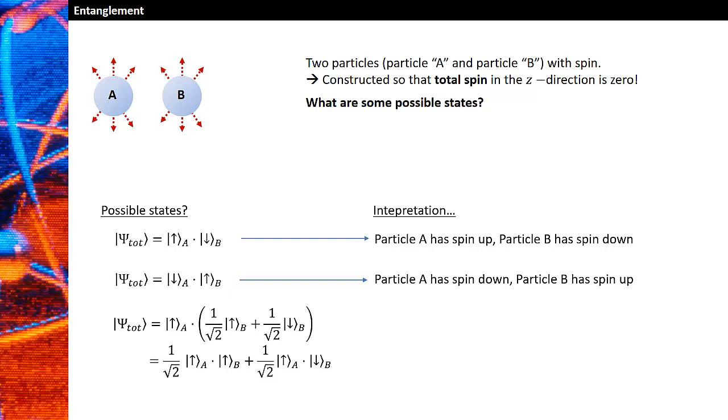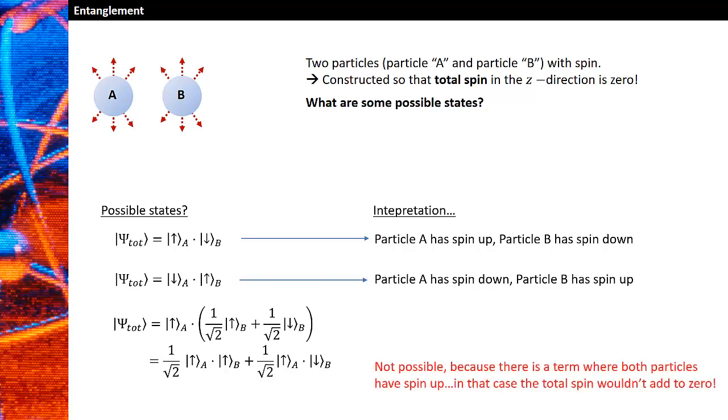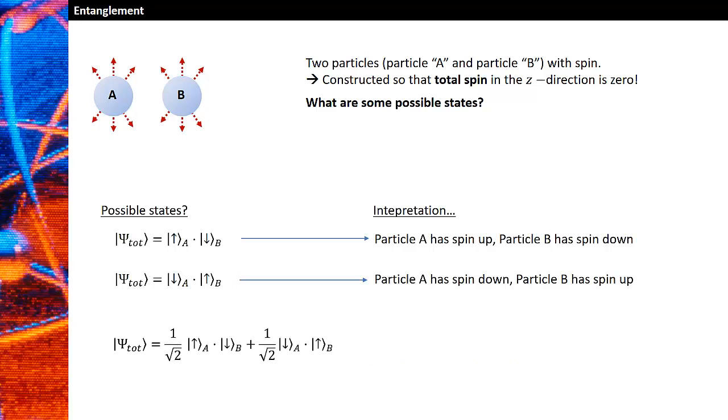So this can't be an allowed state for the physics that we wanted, where the total spin was 0, because there's a chance that both particles would have spin up. But that does make me think of another way of writing this down. I'm just going to write it like this. The total state is the sum of two terms, where the total spin of each term is 0. So I have the sum of two terms: spin up times spin down, plus spin down times spin up.